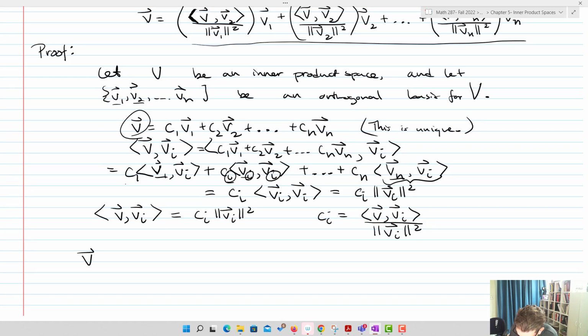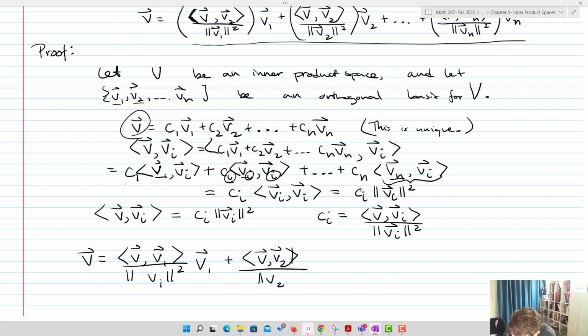So V then, if I just rewrite it, is going to equal C1 times V1, which is the inner product of V with V1 over the magnitude of V1 squared times V1, plus the inner product with V2 over the magnitude of V2 squared times V2, plus, and you get the idea of what's happening here, finally the inner product of V with Vn over the magnitude of Vn squared times Vn.